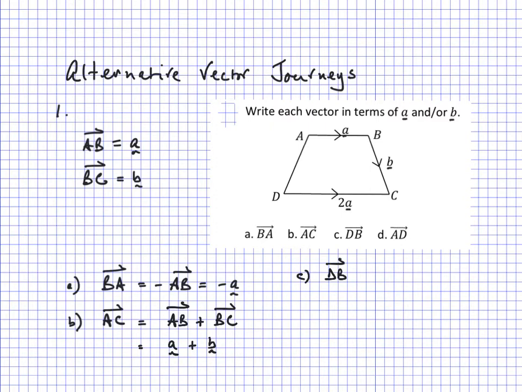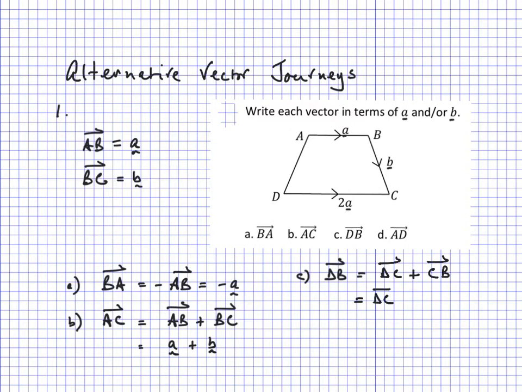DB, let's look at our diagram, so D to B. Now we can go from D to A and then A to B. The only problem is we know nothing about the vector DA. So there is another way of getting from D to B. We can go from D to C, because we know that that's 2a, and then we can go from C to B. So that's DC plus CB.